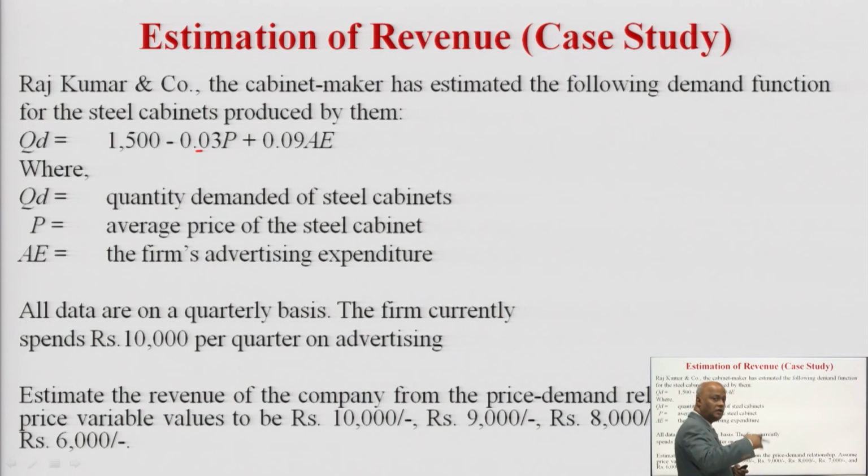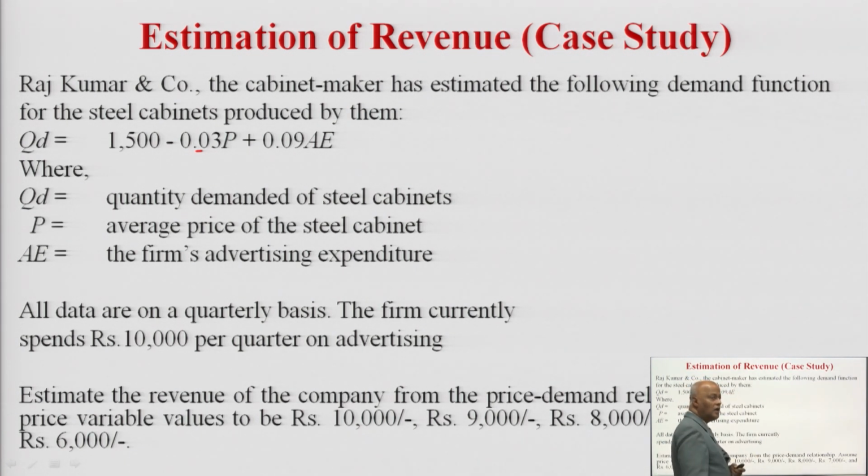When the price is 8,000, 7,000, and 6,000 rupees, how much is the quantity demanded? We have to estimate that from the given demand equation, that is QD equals 1,500 minus 0.03 P plus 0.09 AE.